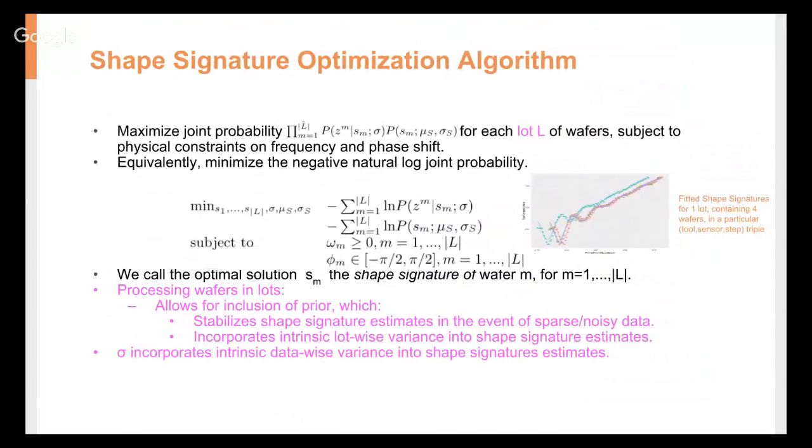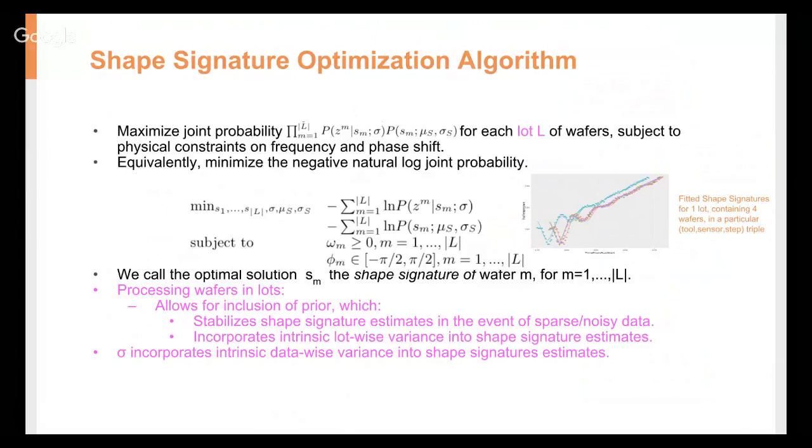And so, like I said, we want to fit a curve to that object for each tool, sensor, step, wafer quadruple in our data. And we do that by using a constrained nonlinear Bayesian regression. What we're doing is putting a prior on the vector of parameters that defines that oscillator, and then decomposing the joint probability into the product of the likelihood and the prior.